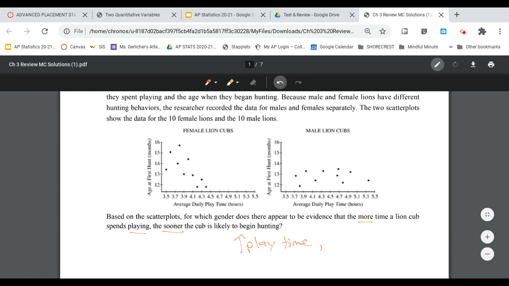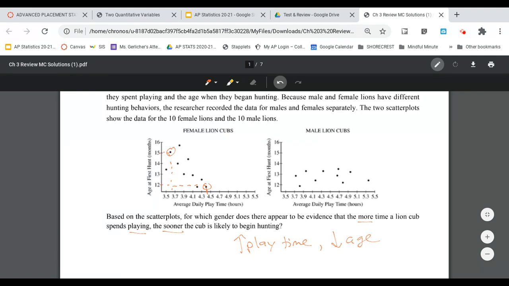Does that go with lower age when they first start hunting? That's what they're wondering about. So that is true for the females. If you look at this point, it has a very high playtime, but a low age. And then on the flip over here, it has a low playtime, but a high age. So there's that reversed relationship there.